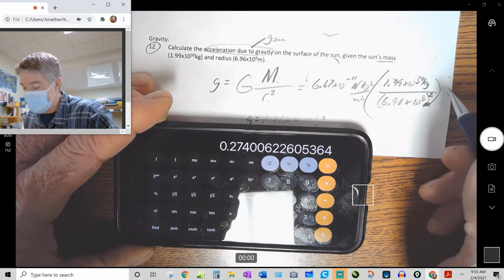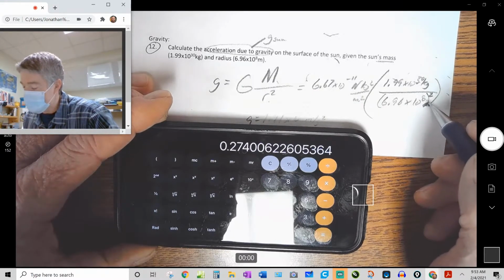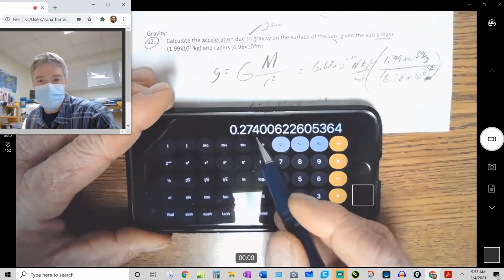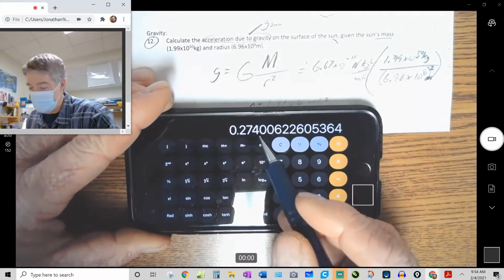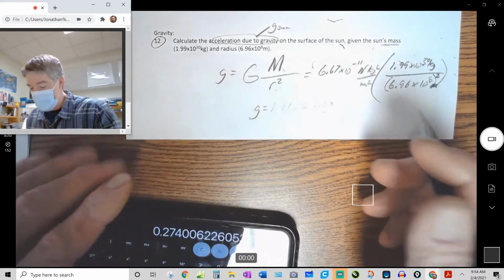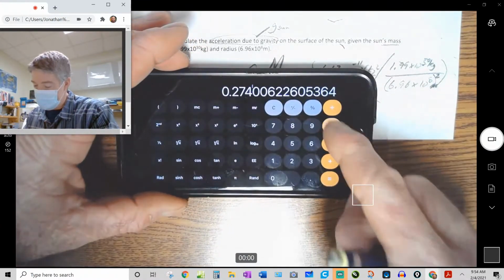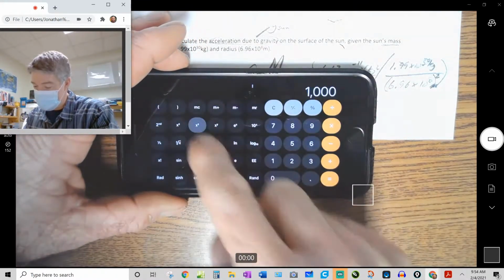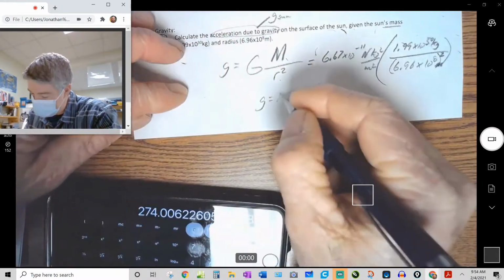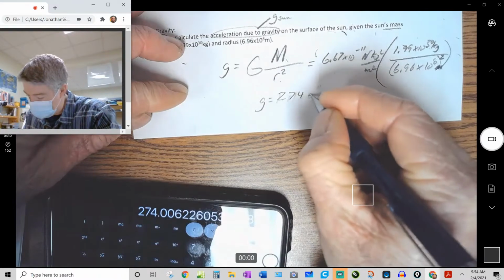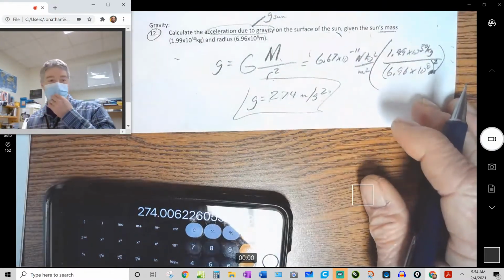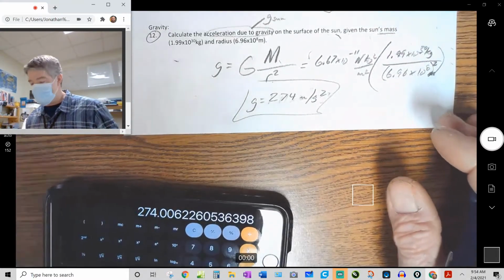So 19 minus 16 is 3. So 0.274 times 10 to the 3rd is the same as 2.74 times 10 to the 2nd. Or I could just do times 10 to the 3rd, which is going to be 274. So 274 meters per second squared. And that's the right answer. Or at least that's the answer I got last time I did this.